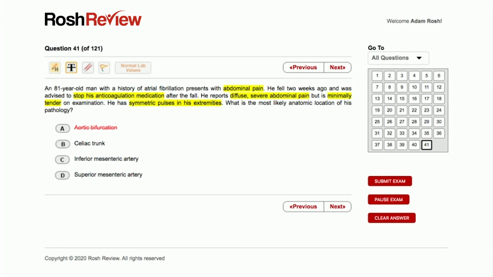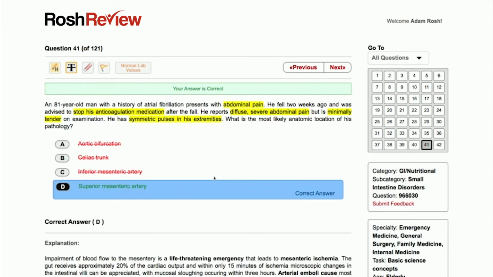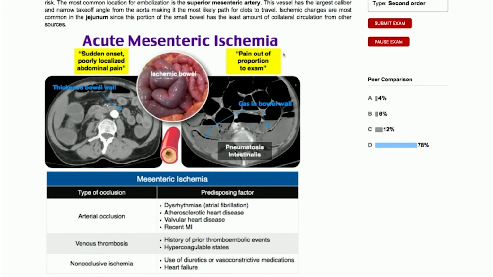It is the most likely anatomic location is going to be the superior mesenteric artery. So let's cross off celiac trunk, let's cross off inferior mesenteric artery, and let's go with the SMA, which also supplies, most of the time you'll get ischemic changes in the jejunum. And the reason why you get this is because it has the least amount of collateral circulation. All right, so SMA, answer choice D. And sure enough, that is correct.